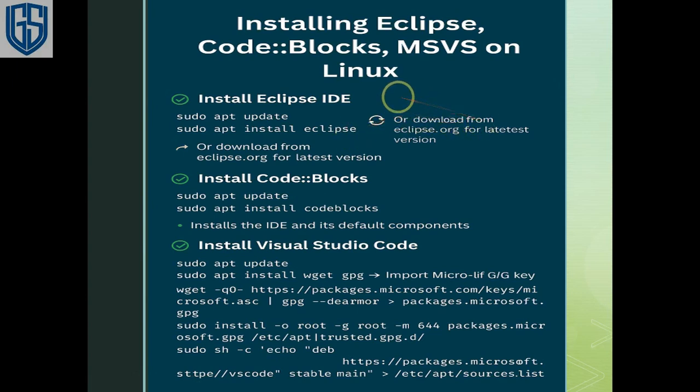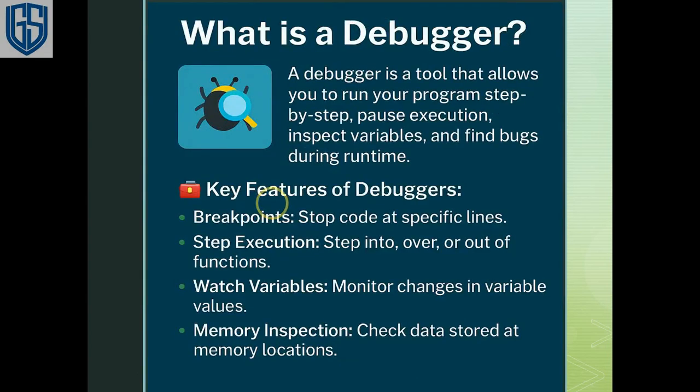You can also download from eclipse.org for the Linux environment. You can install .deb files for Ubuntu through the terminal. Code::Blocks and Visual Studio Code you can also install in this way.